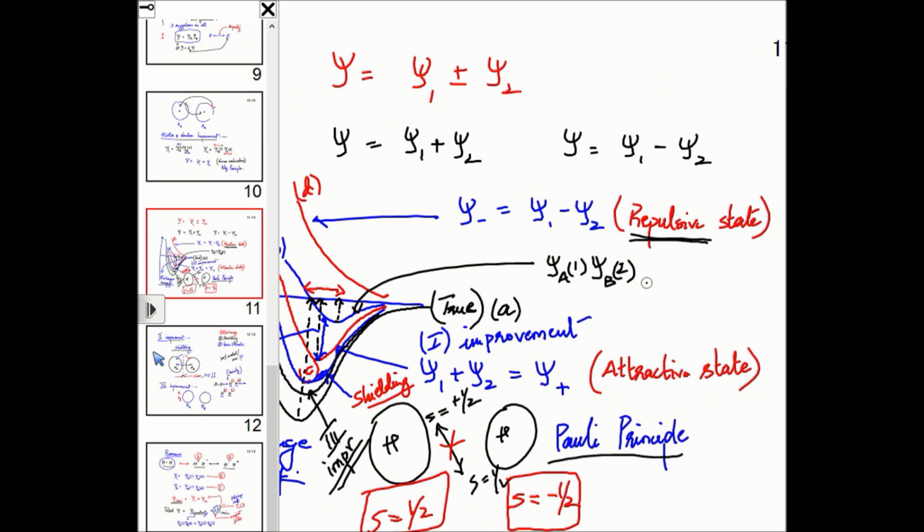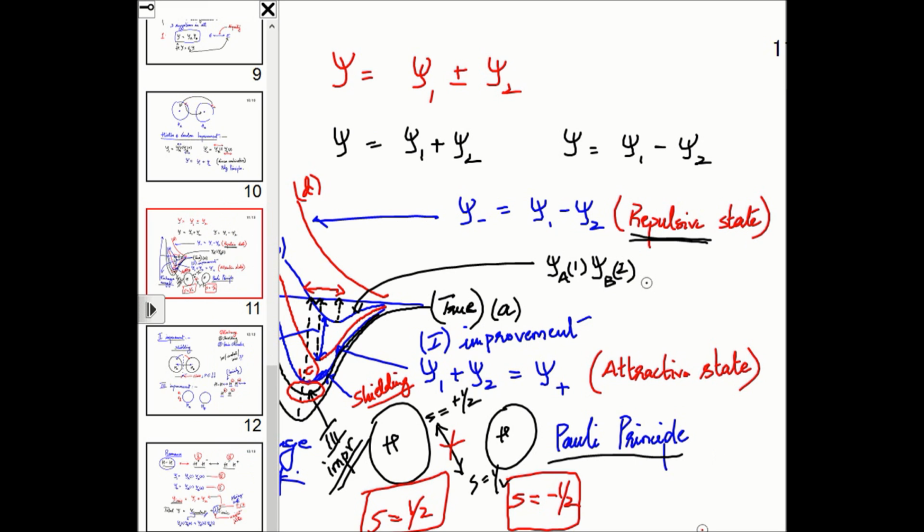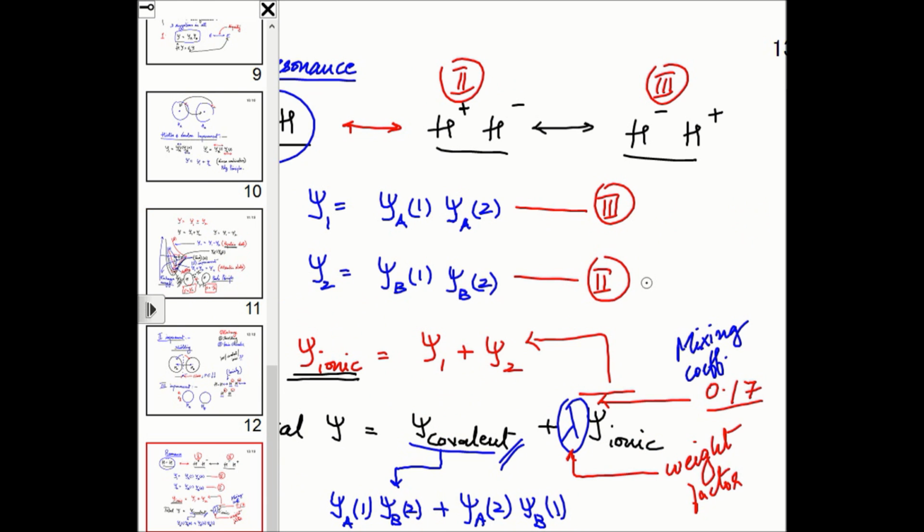Of course, the final line also stands quite clear of the actual, but this is the best we can do. And the best we could do gave us an energy of 388 kilojoules per mole for the hydrogen molecule. Still there is a disparity, 476 and 388, but this is the best we could do after 3 improvements on the wave function. The scientists who are involved are called Heitler and London.